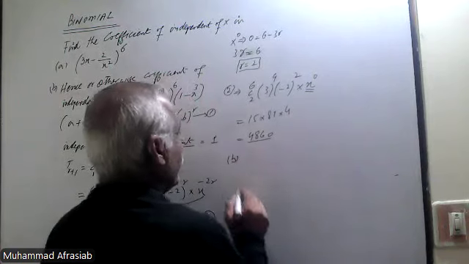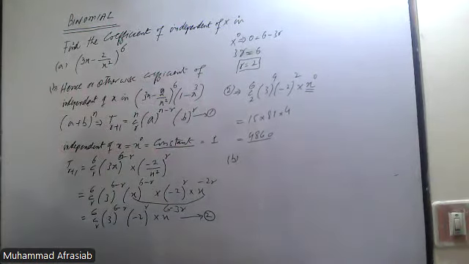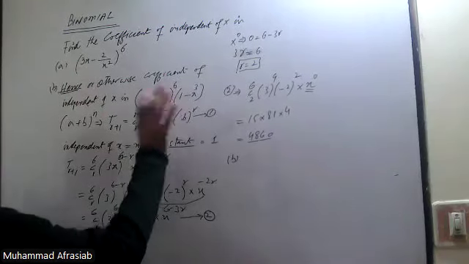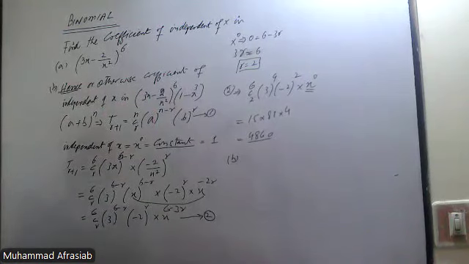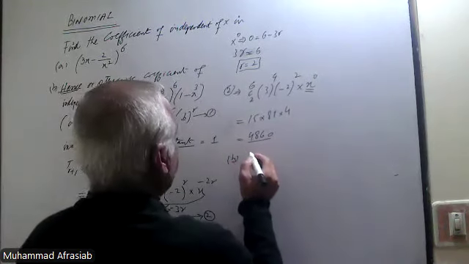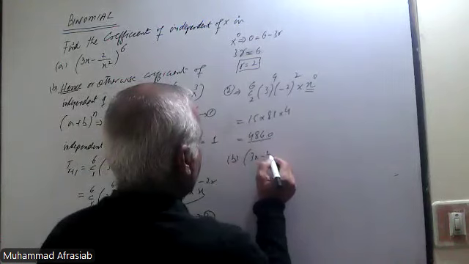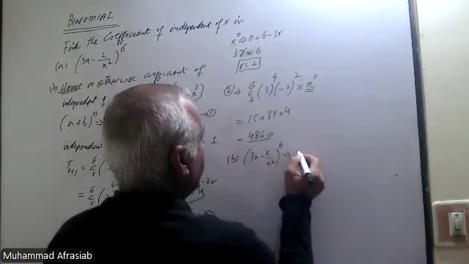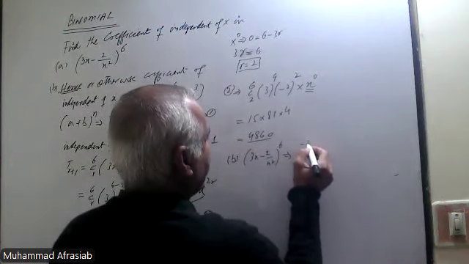Now we are finding the solution of part B. Again, they are asking the coefficient independent of x for this expression. They have used this word hence, so either we can expand up till where x cubed will be occurring, or in simple words, in (3x minus 2 over x squared) power 6 we need the coefficient of x power minus 3.